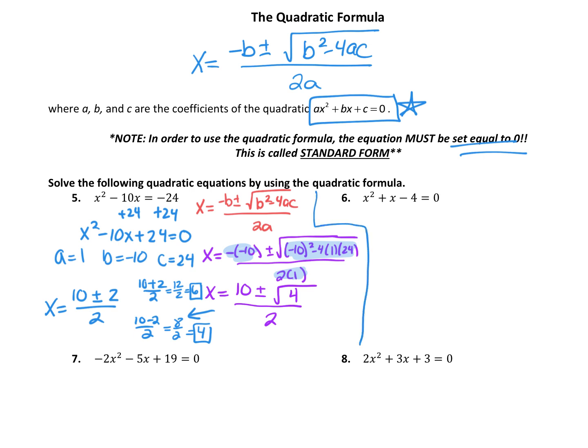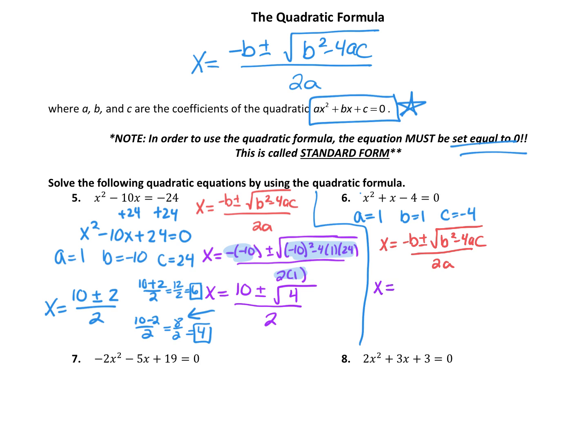Number 6 is already in standard form, so I'm going to just identify a, b, and c, and then I'm going to plug them into my formula. So negative b plus or minus the square root of b squared minus 4ac all over 2a.